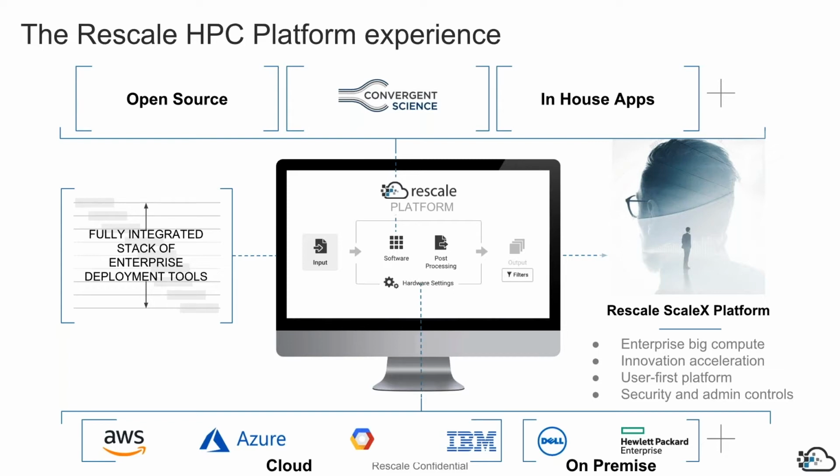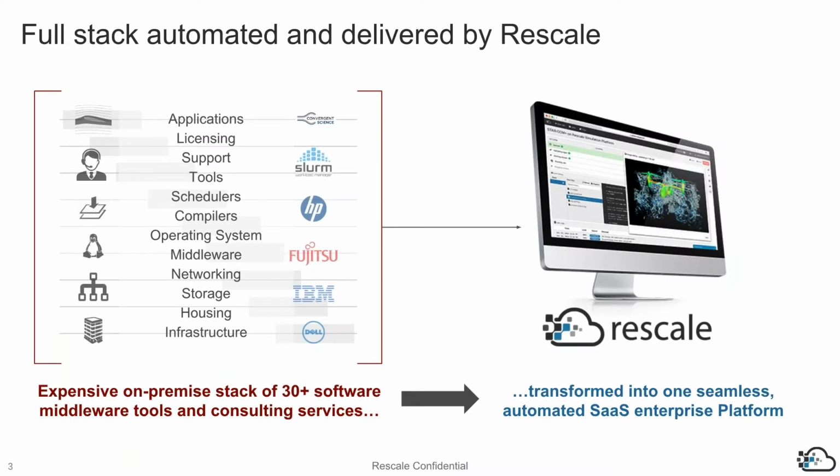Rescale also offers a fully integrated stack of enterprise deployment tools. And what do we mean with that? So when you buy an on-premise stack, right, you must address each of the layers shown here on the left. You acquire the applications, the licensing, support, schedulers, networking, infrastructure, all of it.